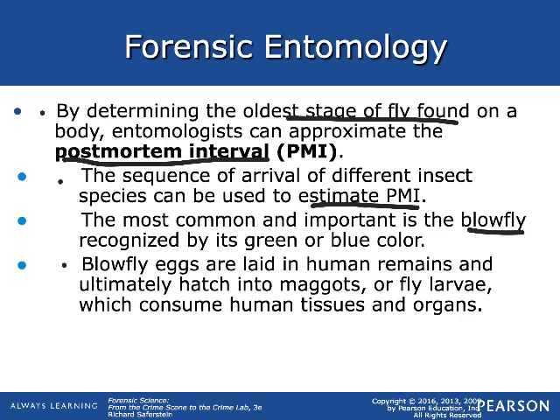Blowflies lay eggs into human remains, and they hatch into maggots or fly larvae, and then they start eating the tissue and the organs. So they can look at the size of the larvae and determine how long the body's been there, as to when the flies landed on the body.